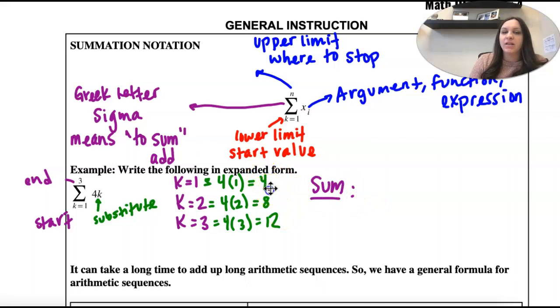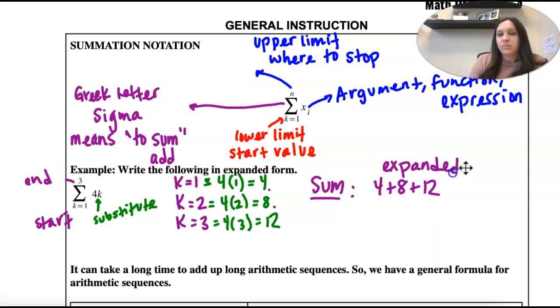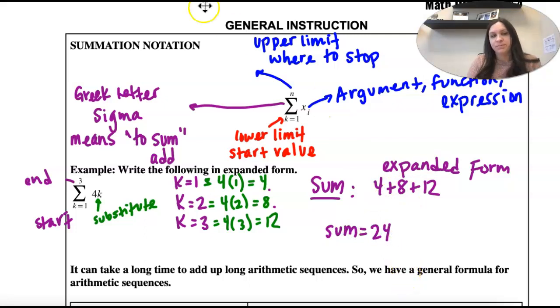So we're going to add these. 4 plus 8 plus 12. So this is expanded form, where you just write them out. Or the actual sum is 24. So sometimes it asks for expanded form, and sometimes it asks for you to actually give the sum.